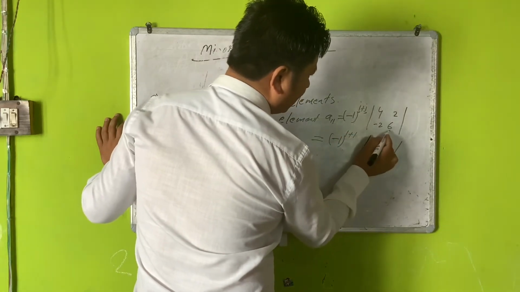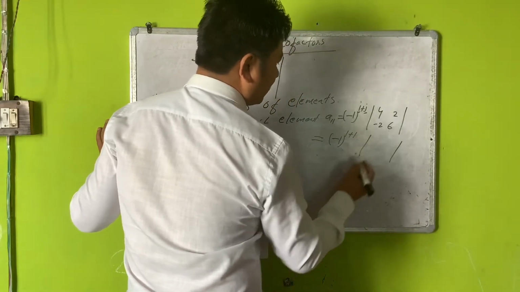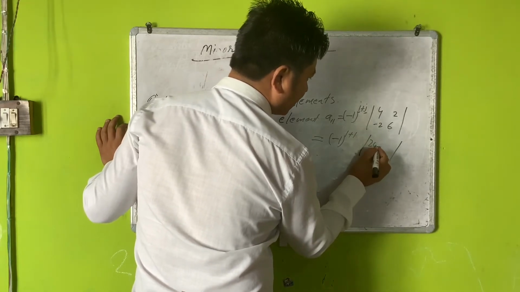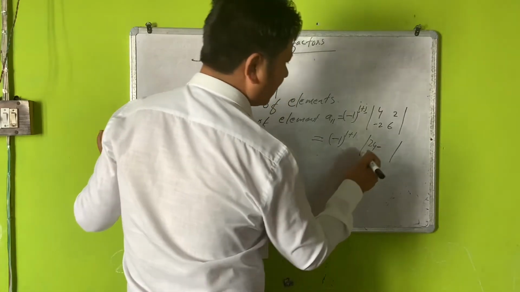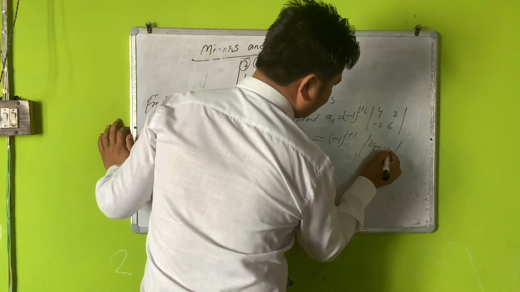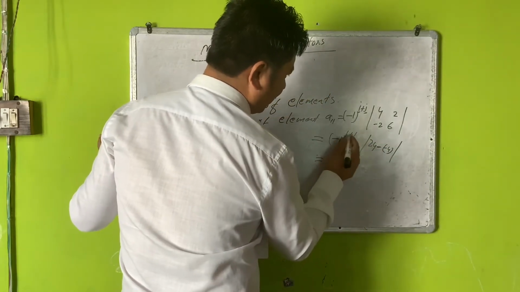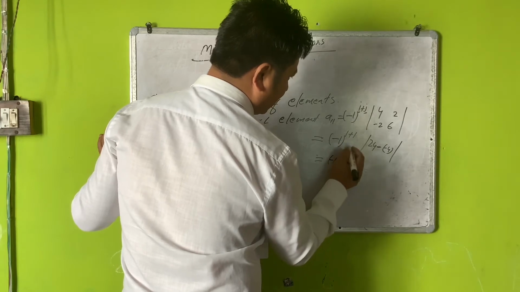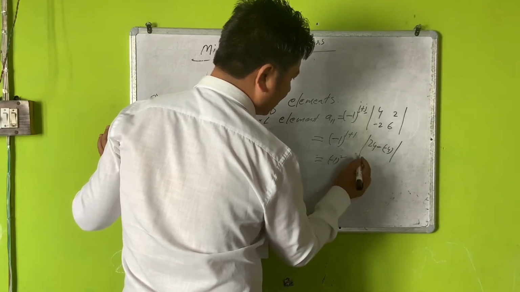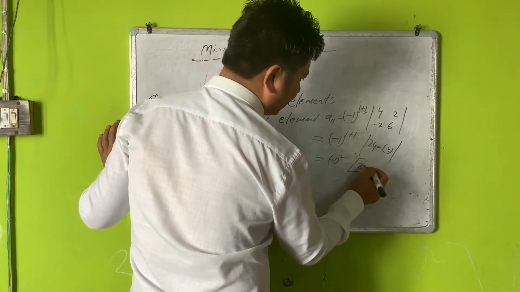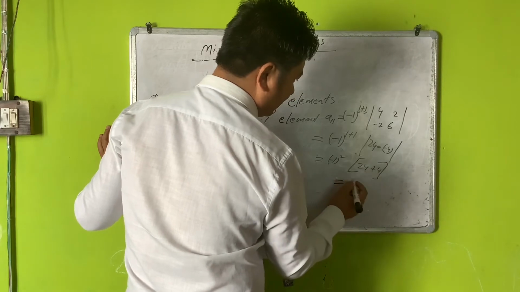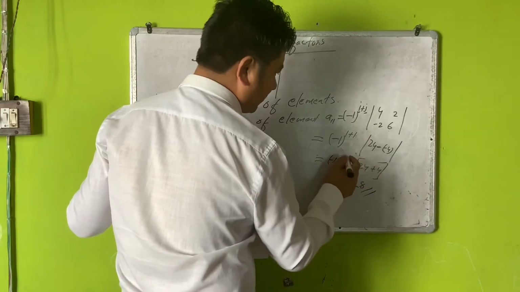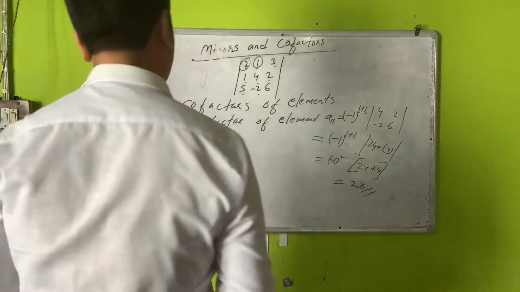Then 4 into 6 is 24, and in between there is a minus, that is the formula's minus: minus 2 into -2, which is +4. Since the exponent 2 is even, the sign stays plus. 24 plus 4 is equal to 28. 28 is the answer.